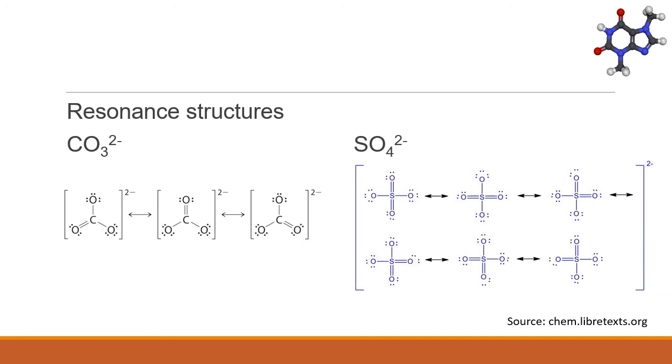Many polyatomic ions have resonance structures. For example, the carbonate ion has 3 resonance structures, with the C double bond O having 3 possible locations. The sulfate ion, whose Lewis dot structure we did earlier, has no less than 6 resonance structures, with the 2 S double bond O's having 6 possible locations.